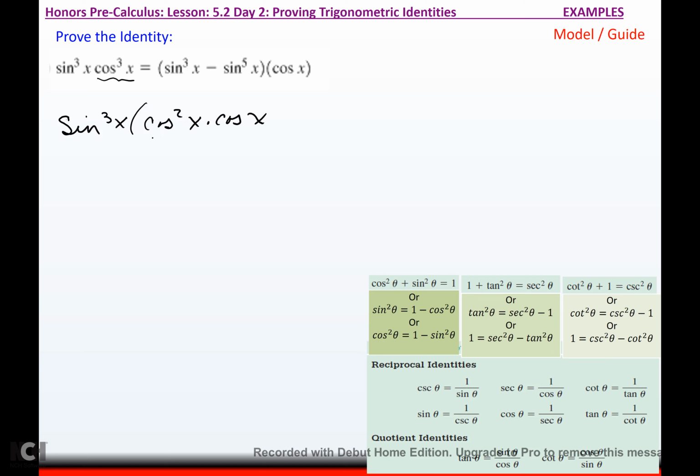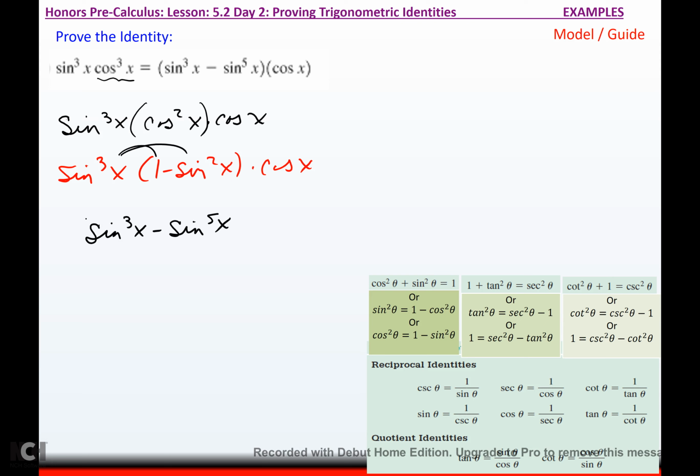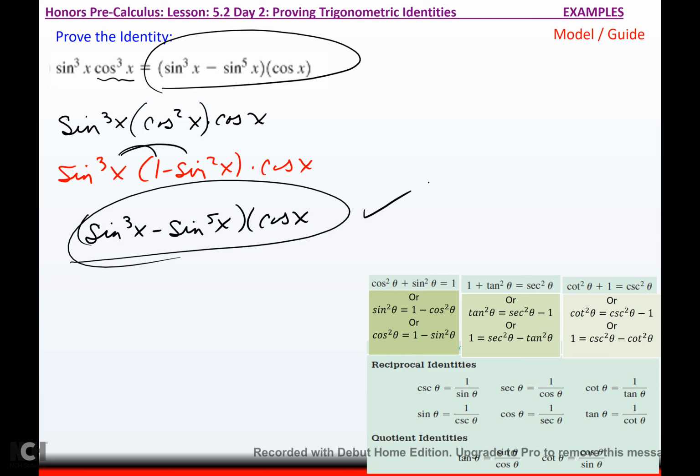Then I'm going to replace cosine squared x with 1 minus sine squared x times cosine x. I'm going to distribute the sine cubed, which gives me sine cubed x minus sine to the 5th x times cosine x. And that looks like the other side, so I win.